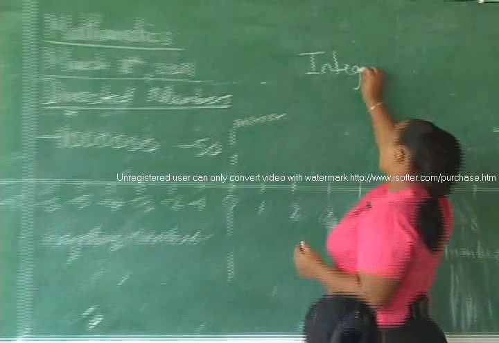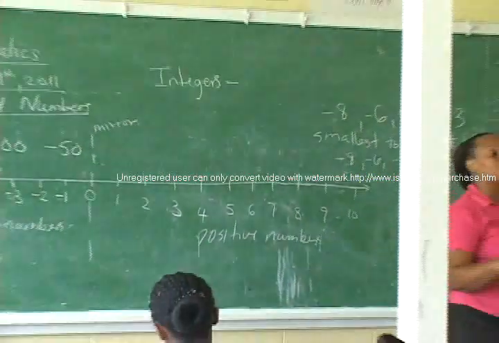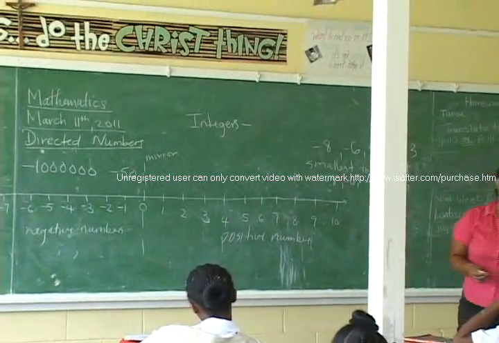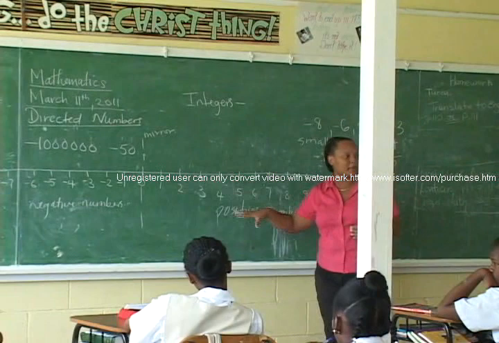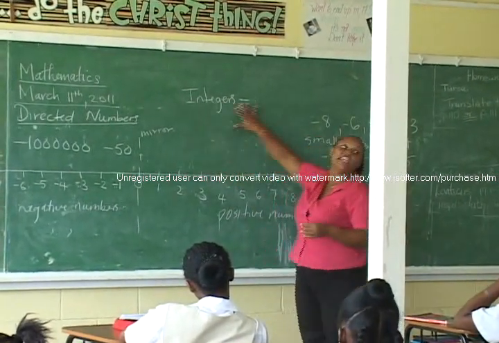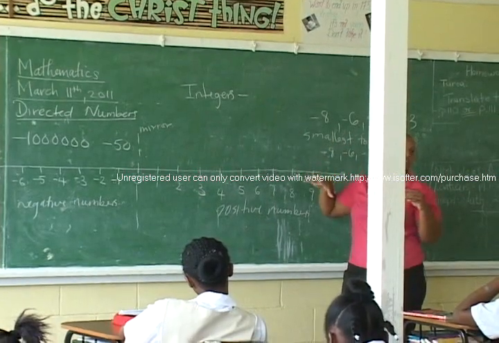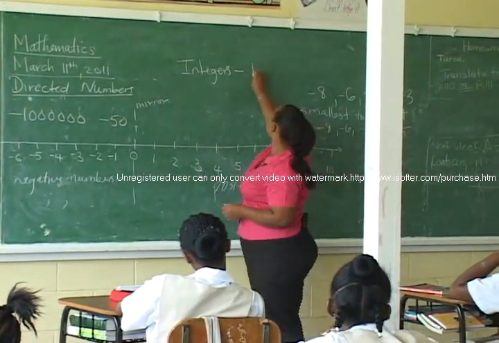So if you're asked what are integers, integers are the set of negative and positive whole numbers. So most of what we'll be doing in terms of directed numbers will be concentrating on integers, the whole numbers, the set of negative and positive whole numbers.